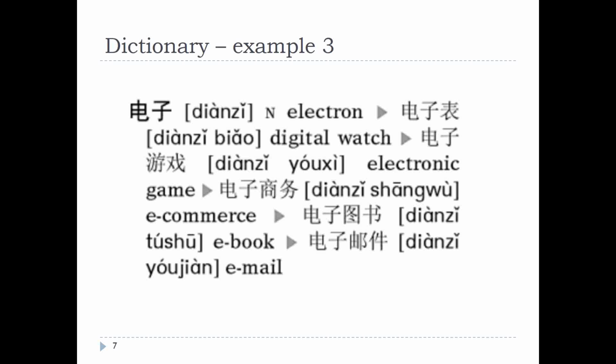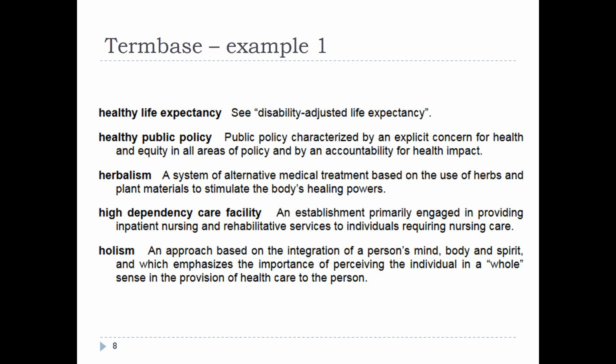One third example, now this is a bilingual dictionary, so we have the Chinese word, which in Putonghua is pronounced dianzi, meaning electron, but straight away it launches out into a list of different terms, all under this same head word. And once again, this is quite standard in bilingual dictionary usage, but you don't tend or shouldn't really see it in terminology entries.